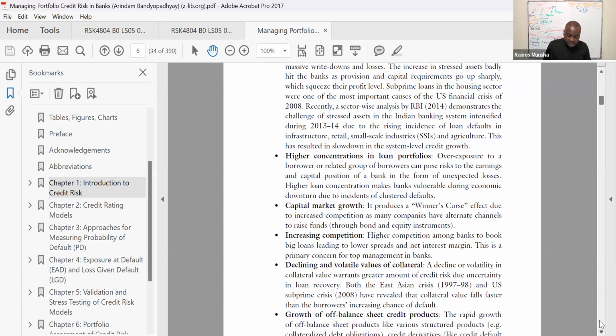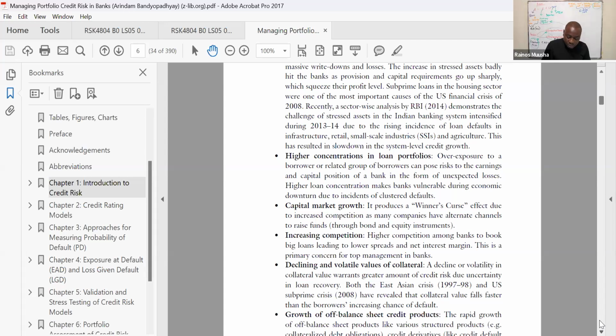Then they also look at capital market growth, and they say it produces a winner's curse effect due to increased competition, as many companies have alternate channels to raise funds through either bonds or equity instruments.